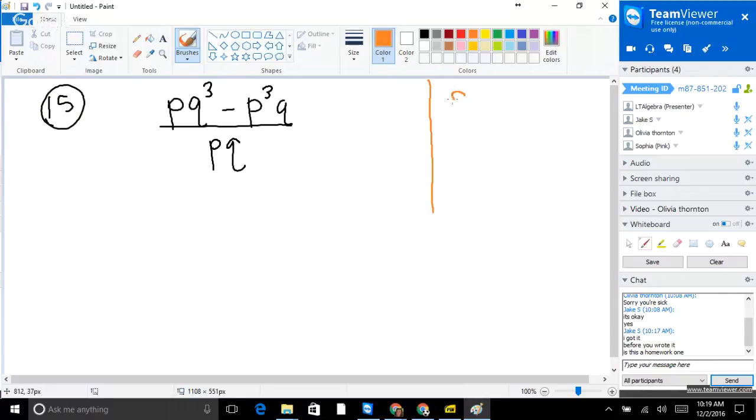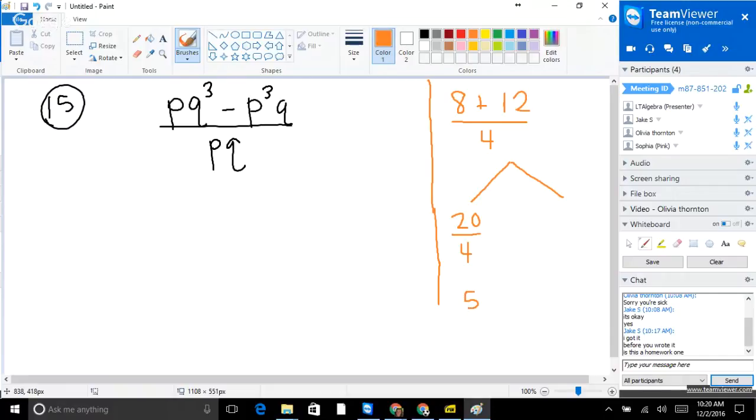If I have 8 plus 12 divided by 4, there are 2 ways I can solve this. I could do 8 plus 12, which is 20, divided by 4, and I would get 5.